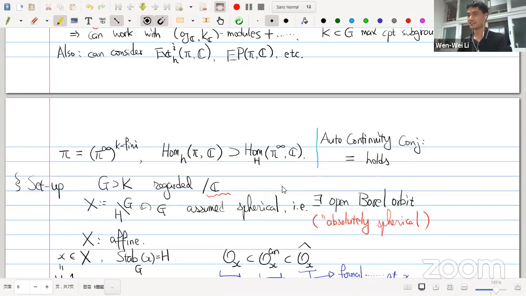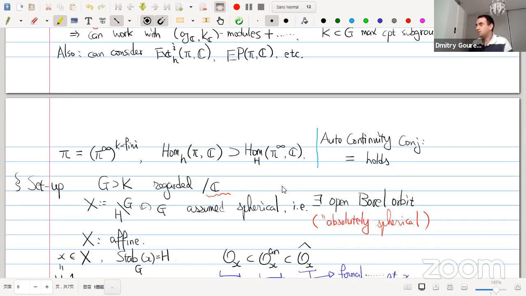They made some results towards some higher version of automatic continuity, or something about the higher homologies of Harish-Chandra modules that's related to automatic continuity. But personally, I have no idea.